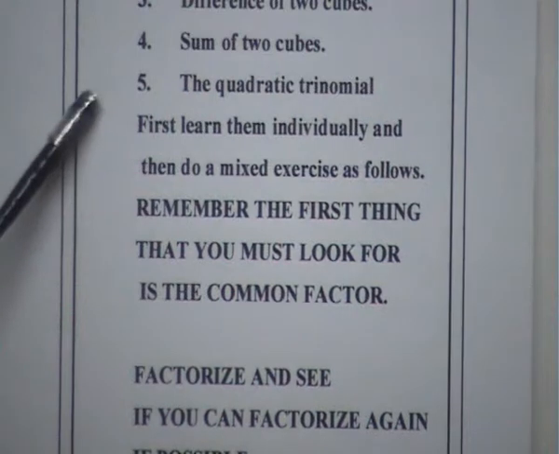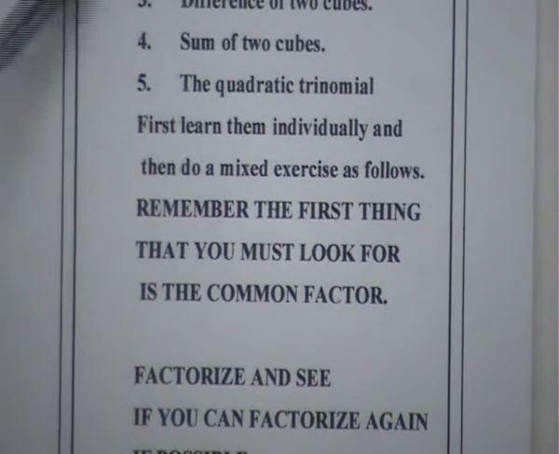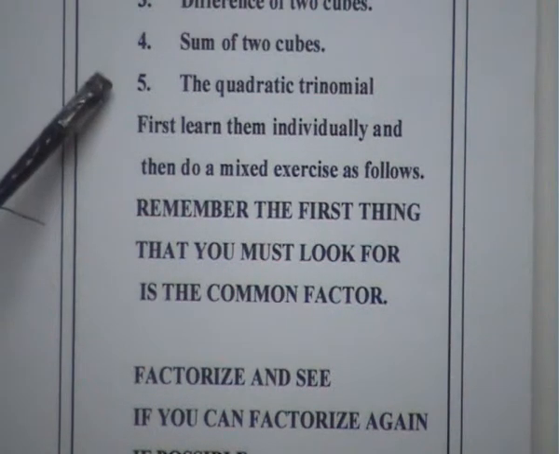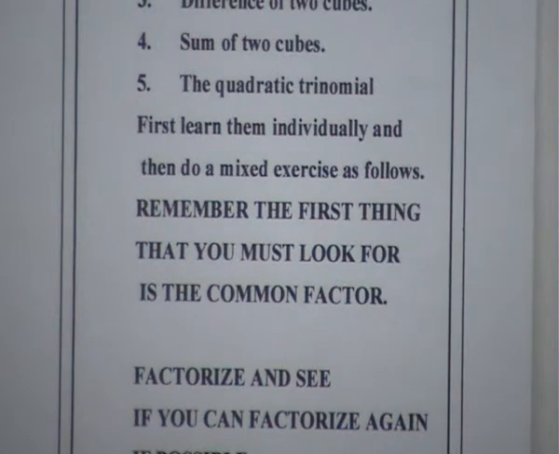Number 5 is the quadratic trinomial. So you've got 5 different types that will be mixed in one exercise. That's the first thing. You've got to have a summary like this, and when you're doing the examples in a mixed exercise, you'll have to keep asking yourself, is it like number 1 or number 2 or number 3 or number 4 or number 5?